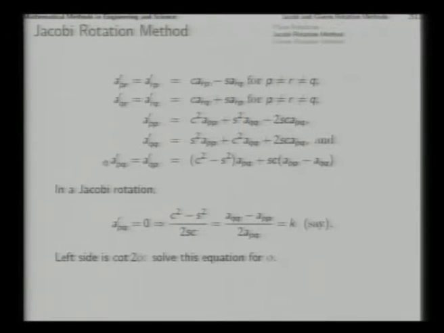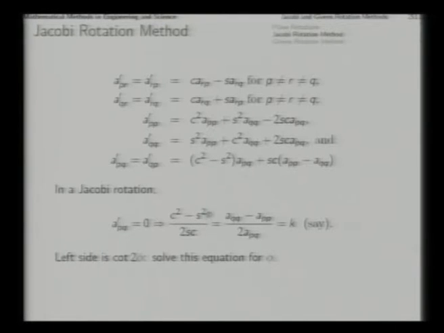And here you can see that the PQ element of the new transformed matrix is given by this. If you want this to be 0, then you can transpose this on the other side of the equality, and then you can divide by twice sin cos. C here represents cos phi, S represents sin phi. Okay. So, then if you divide both sides by twice SC, then you get this equal to this expression taken on the other side divided by twice APQ, because of this 2.